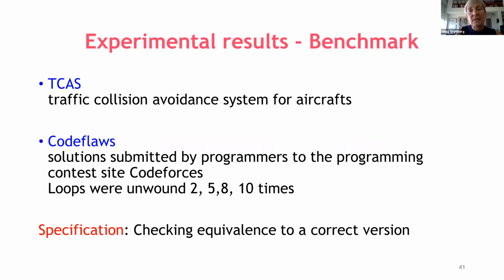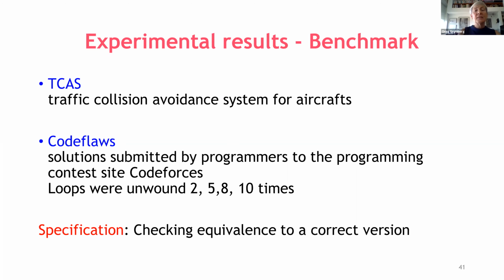I will go very fast over the experimental results because I want to get to the other approach fast enough. We have two benchmarks, the TCAS, which is a traffic collision avoidance system for aircraft, and Codeflaws, which is solutions submitted by programmers to the programming contest site Codeforces. In Codeflaws, the programs include loops, and therefore, since we are interested in bounded model checking, we use unwinding of the loop 2, 5, 8, or 10 times.